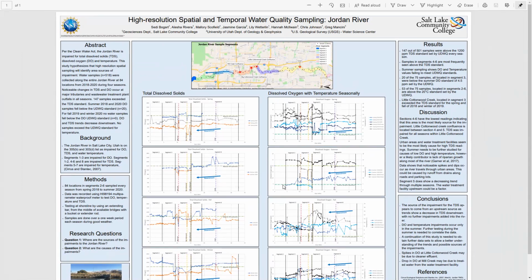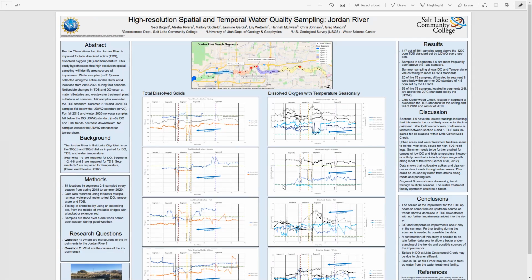There is a water treatment facility located in the area, so there may be a correlation between the facility and the river impairments. Further research is needed. Urban area runoff and water treatment facilities seem to be the most likely cause for the high total dissolved solids. This is especially noted in the differences in trends identified for both winter sampling sessions.